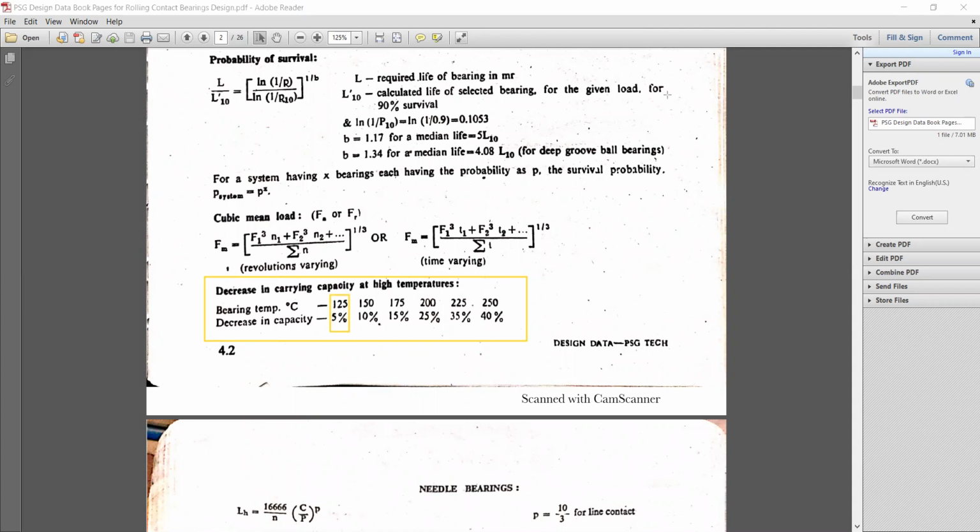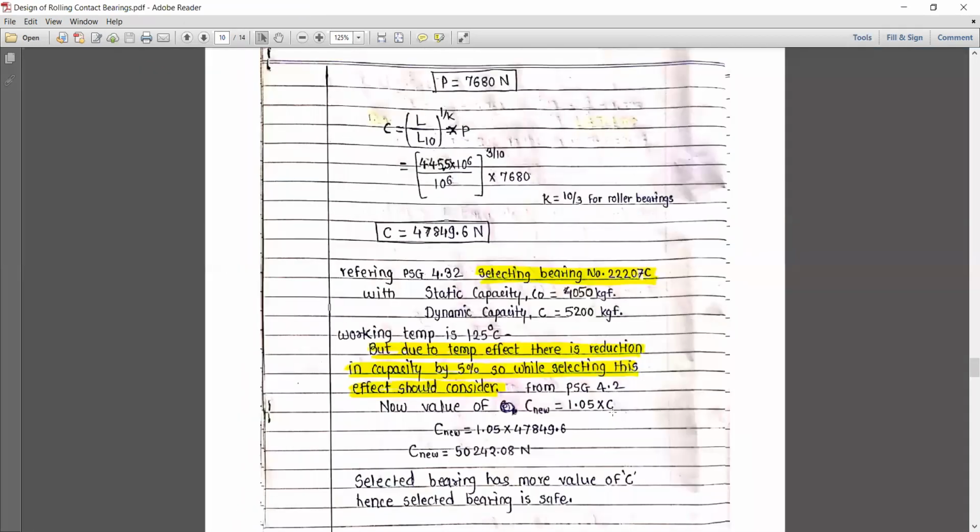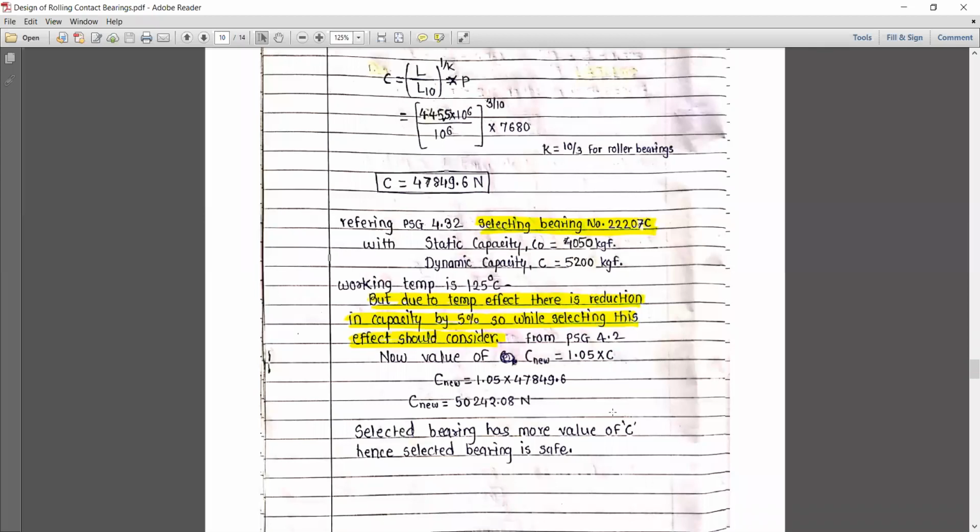So we have considered this one. Now we are considering this in our equation. What we get, we have increased the capacity by 5%.